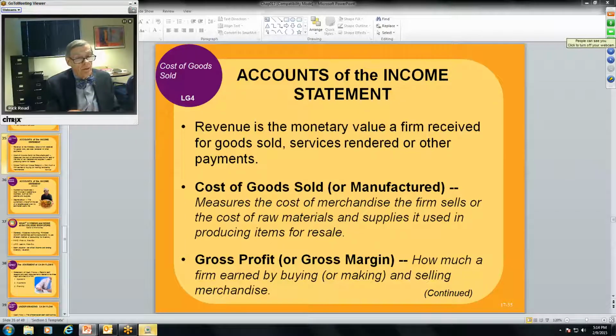And then gross profit or gross margin, how much we earn by buying or making and selling the merchandise. Again, gross. We're not taking anything out of it.